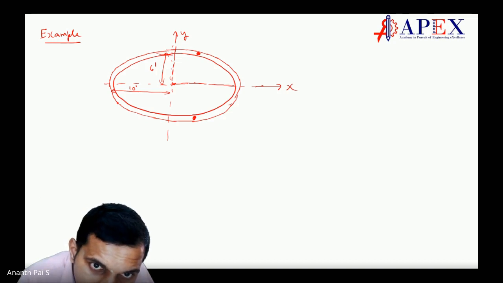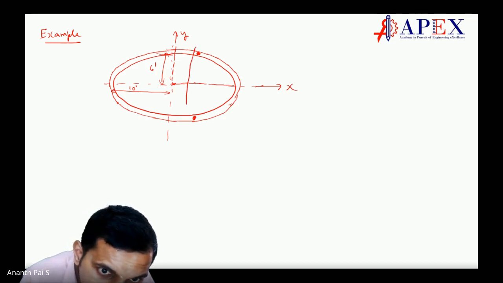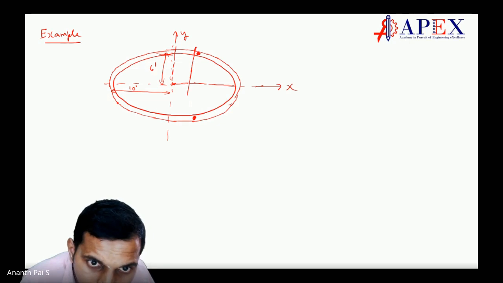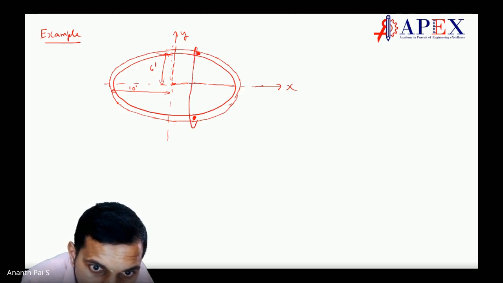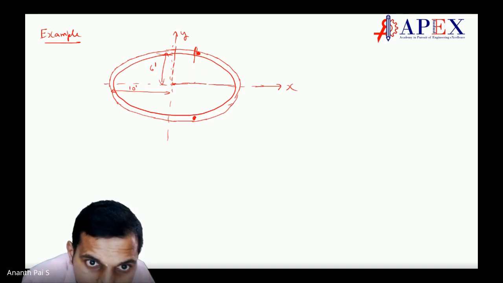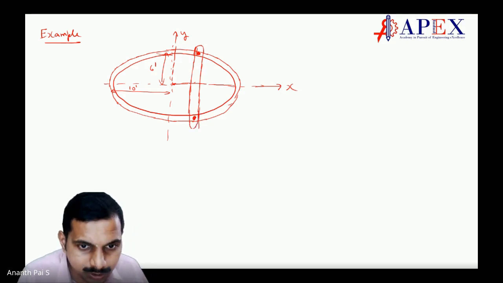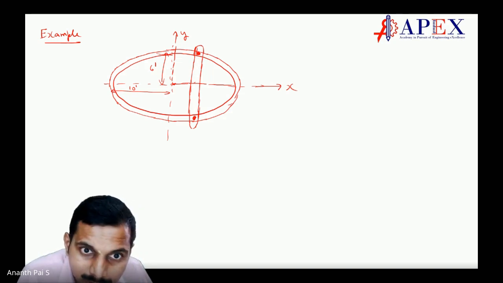This pin is connected by a yoke. It is called a yoke. Yoke means it's a slot only here. There is another slot over here. Okay, there's a slot here.